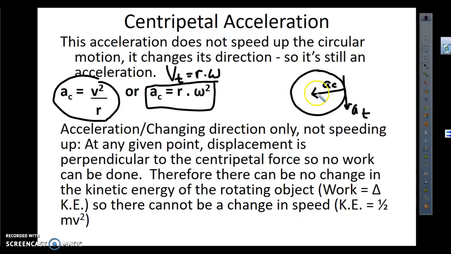Those were always the center forces like gravity or normal or tension or friction. Something was pulling you toward the center. That's your centripetal acceleration. Now, this is not responsible for speeding up or slowing down. This is only responsible for changing direction because it is perpendicular to displacement, displacement being the little red right there. Because it's perpendicular, no work can be done, therefore no change in kinetic energy and no change in speed. So it's the exact opposite argument of before.